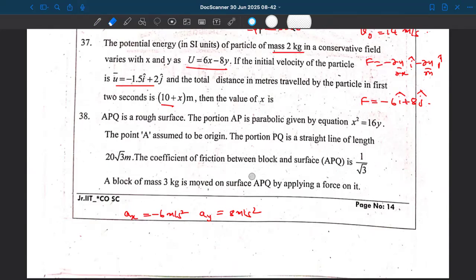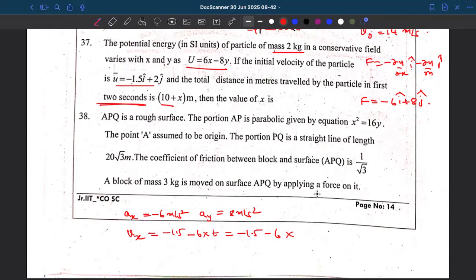So I am asking the distance traveled. How will the final velocity come? Distance traveled in 2 seconds. So Vx is minus 1.5 minus 6 times t, minus 1.5 minus 6 into 2, minus 1.5 minus 12.